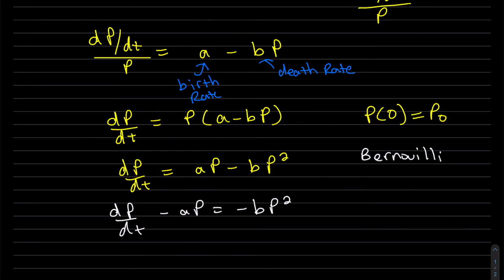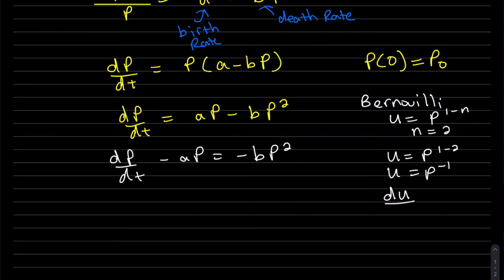Here, the formula for Bernoulli is a u substitution, not an integrating factor. So it is u equal to P, not y, to the 1 minus n. Here our n is 2. So our u sub is P to the 1 minus 2, and du in terms of t, not x.